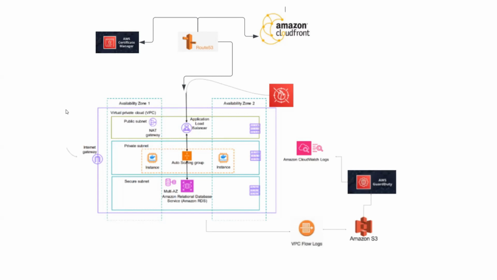Here, if you see, there is a VPC, and in the VPC you have an internet gateway to allow the traffic. This is a basic structure every VPC would have, and there are two availability zones. This is an AWS-driven approach.